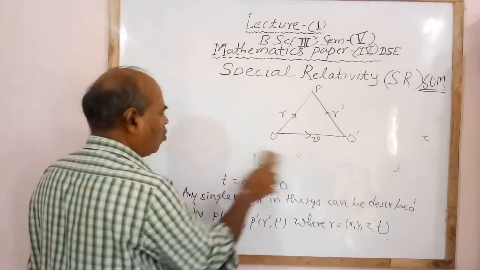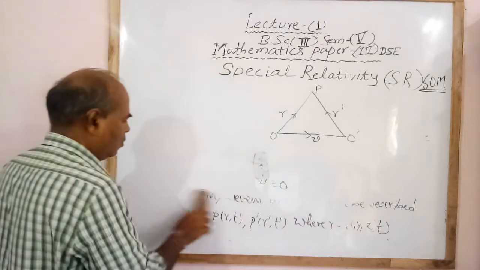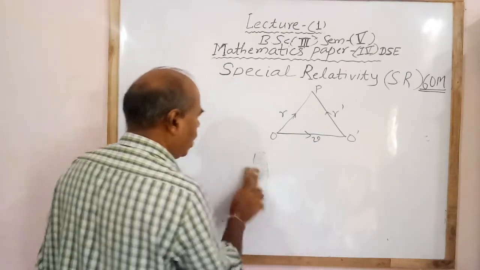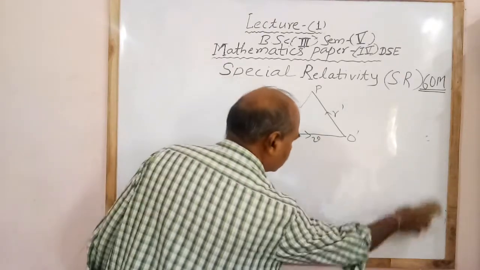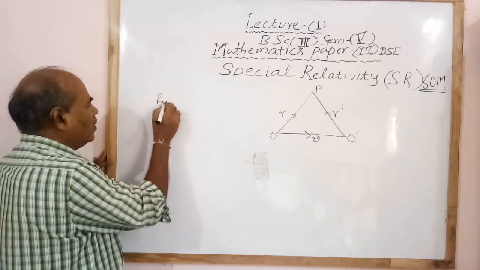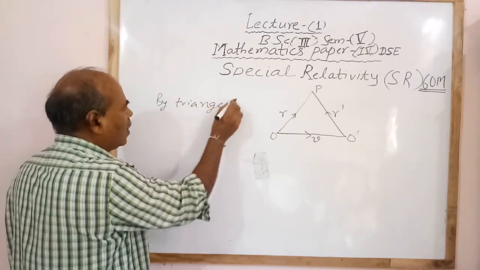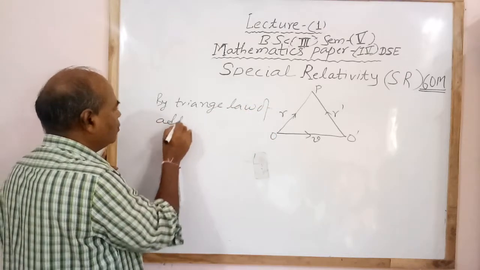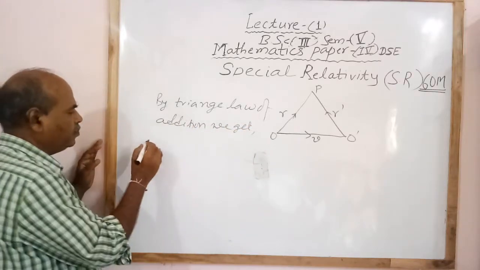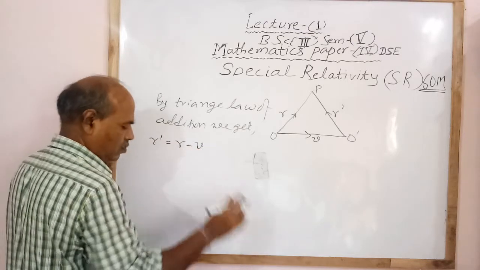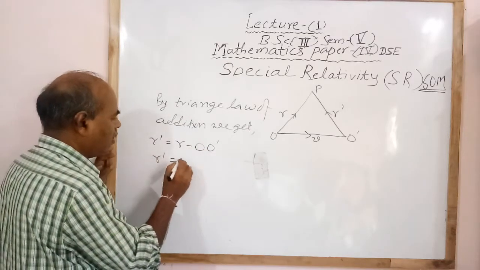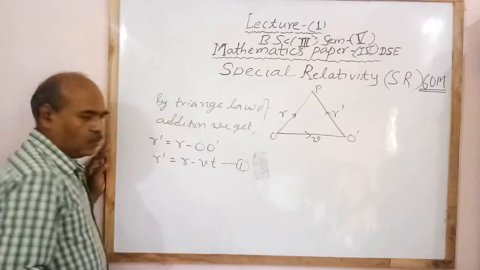Then we use the triangle law of addition. By triangle law of addition, we get from the triangle r dash equal to r minus O dash, that is r dash equal to r minus vt, where v is the velocity.